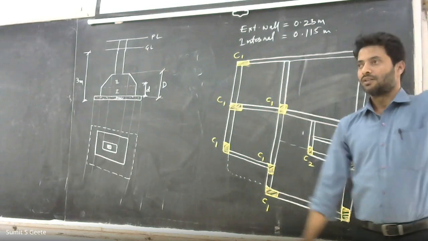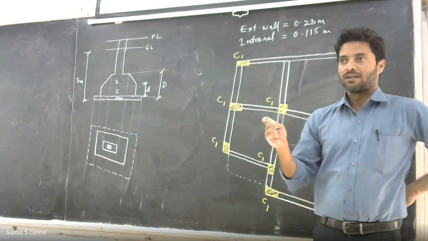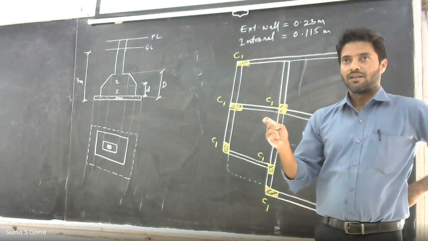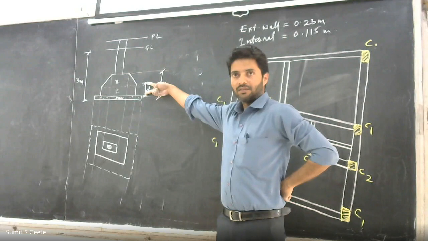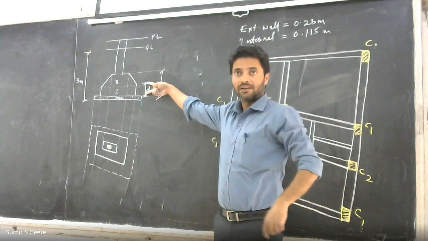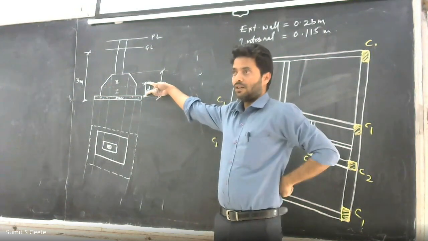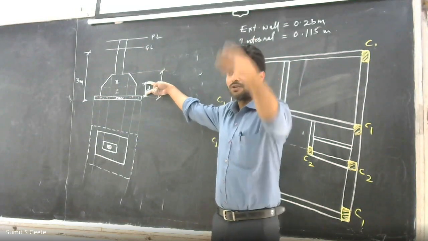Write down. Small d is depth of rectangular part. लेकिन ये rectangular part किसका part है? Trapezoidal footing. So small d is depth of rectangular part of trapezoidal footing.